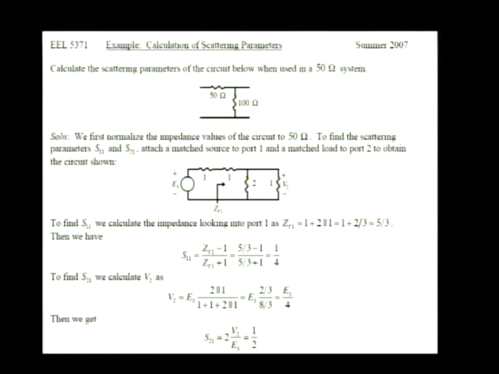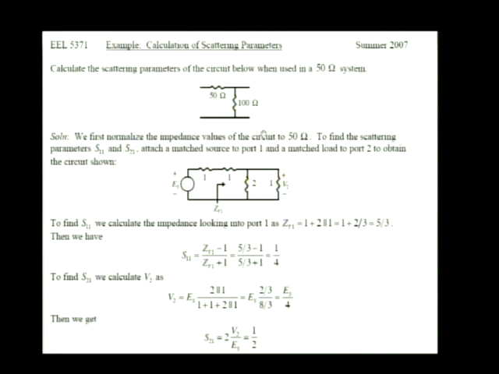Okay, so there's the example. You've got a problem that looks very similar to this on the homework assignment due next time. A little more complicated. That one's a pi-shaped network rather than just an L-shaped network. It has 3 resistors rather than 2. But you're being asked to do the exact same thing.